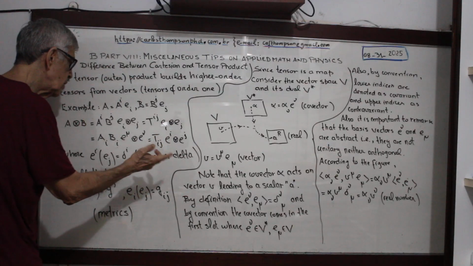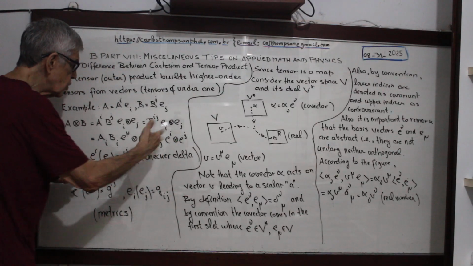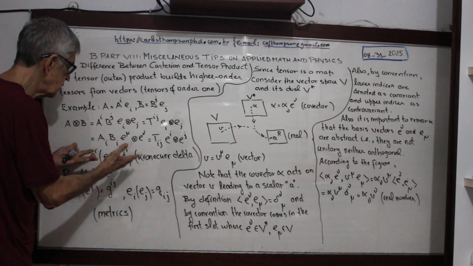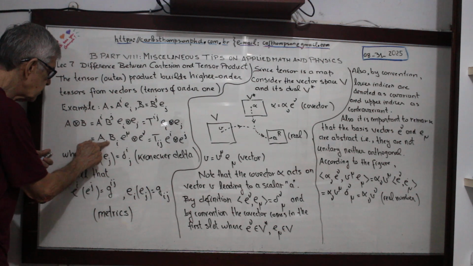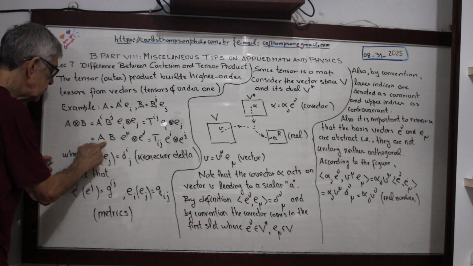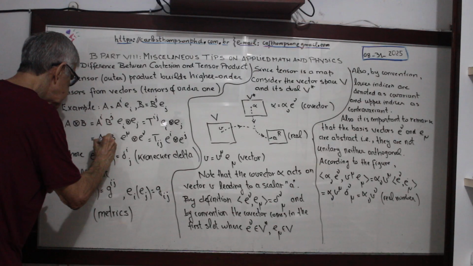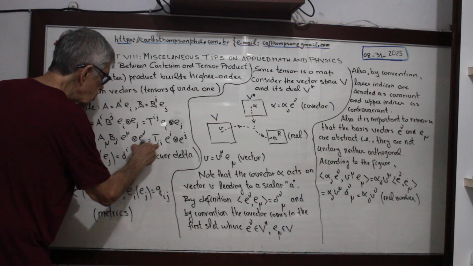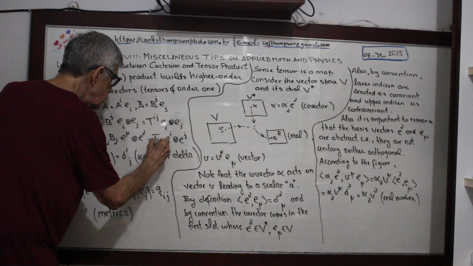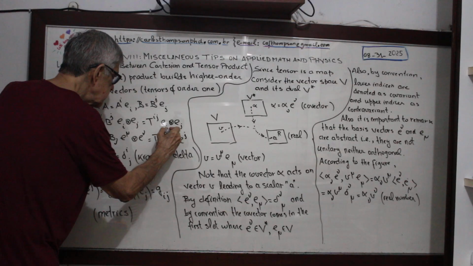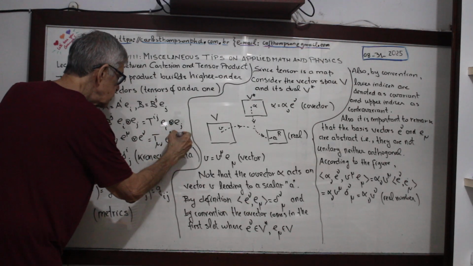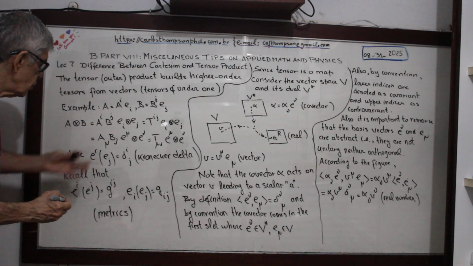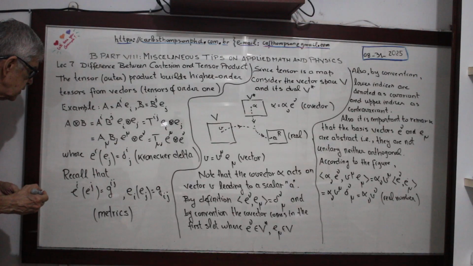I can write i or j, it doesn't matter, because I can call these μ and ν. They are dummy indices, so there is no problem in writing this.